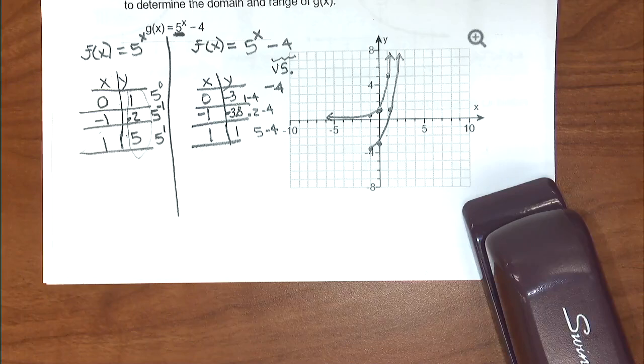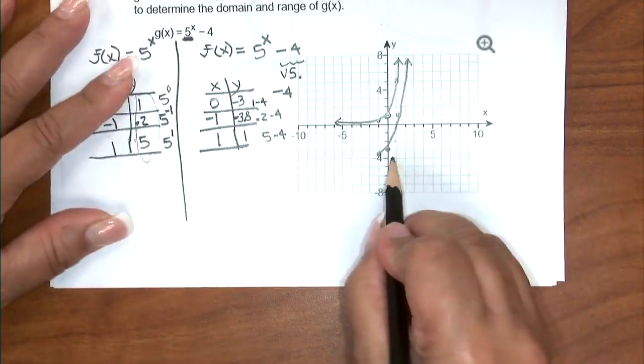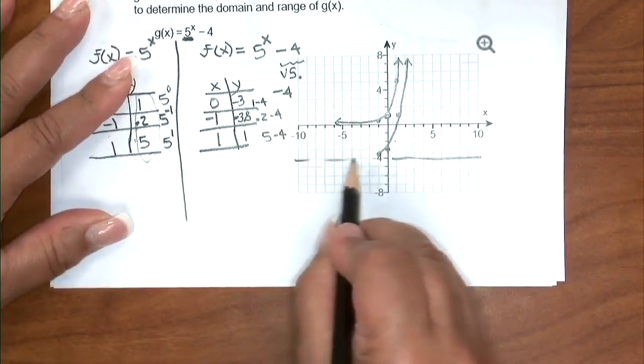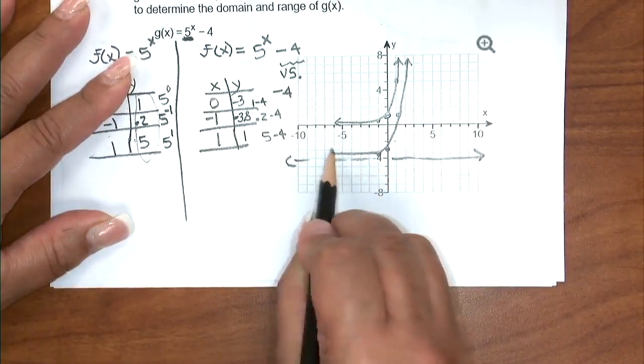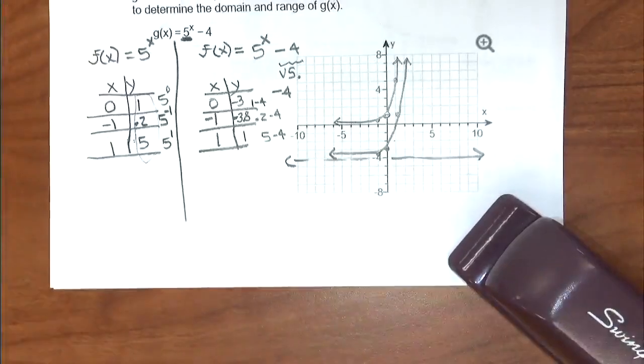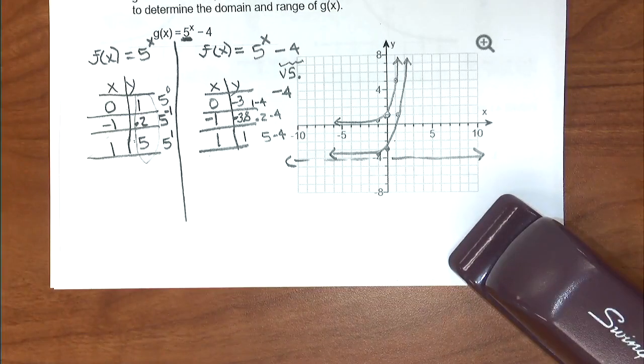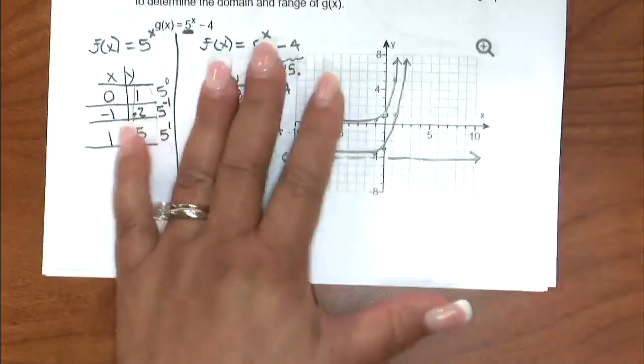This asymptote also goes 4 units lower. So instead of it being at 0, it's going to be down here. That's the shelf that's going to hold up this tail. And when you go doing your graphs for me, I need to see that you understand that the asymptote moves just like the points move. Okay, transformations.